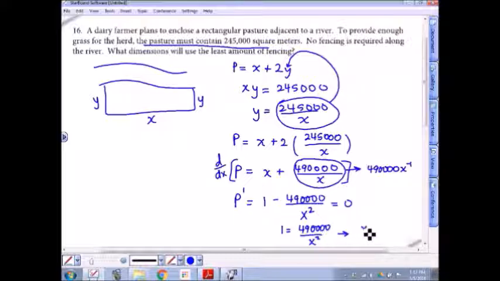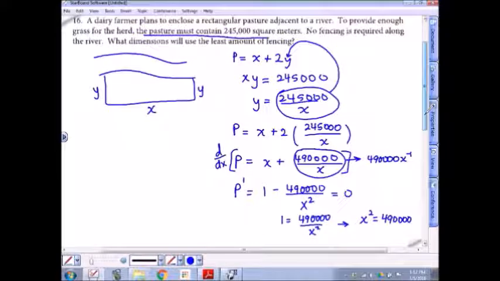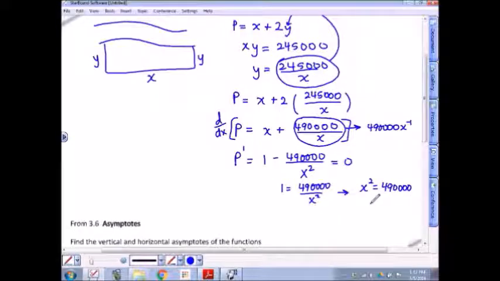Then multiply both sides by x squared, you get x squared equals 490,000. Take square root on both sides and you get x equals 700. Now, technically it's plus or minus 700, but since x represents the width of this rectangle, it doesn't make sense to have negative 700, so we're just going to take positive.